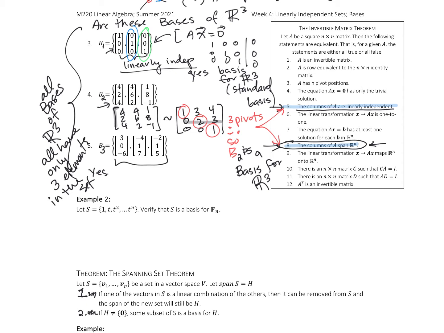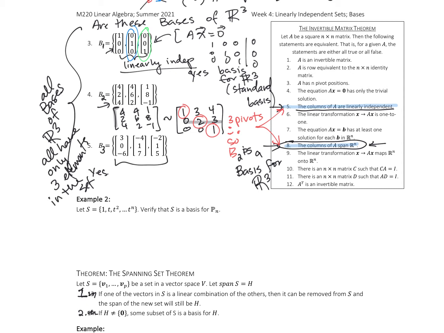All right, so let's verify, or let's argue, that this polynomial vector space, so we've talked briefly about this idea of polynomial vector spaces, but let's talk about how this actually is a basis for the polynomial set P sub n.